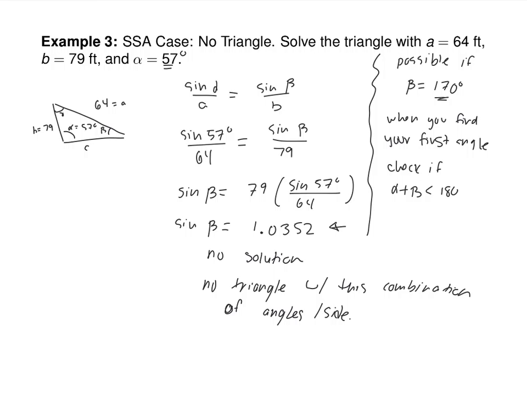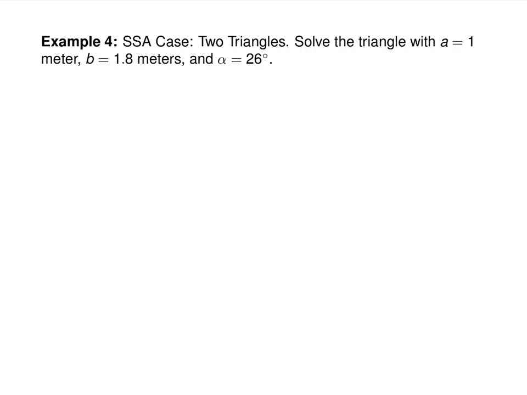Okay. So there was the first case we had, where we ruled out that beta prime doesn't work, and this one there are actually two triangles that fit this requirement. So we'll find them and we'll draw a picture of them so that it makes a little sense. You have a triangle with a is 1 meter, b is 1.8 meters, and alpha is 26.